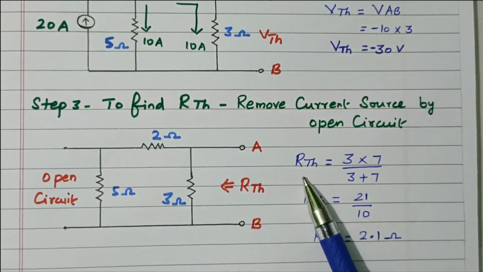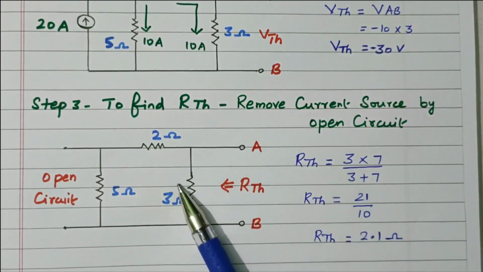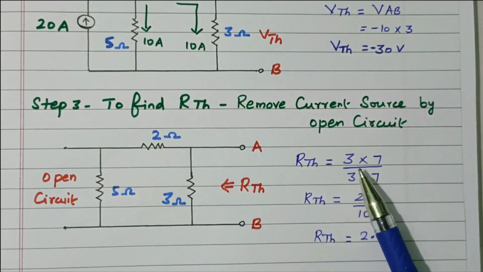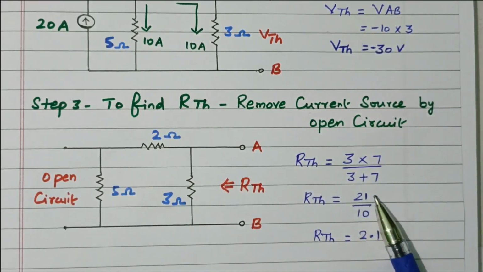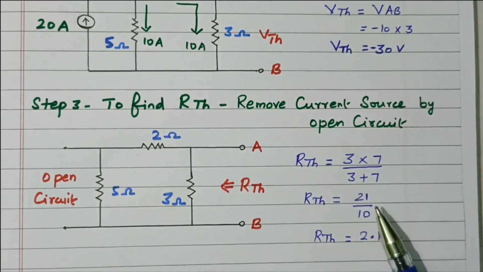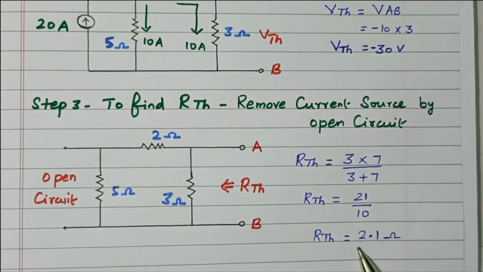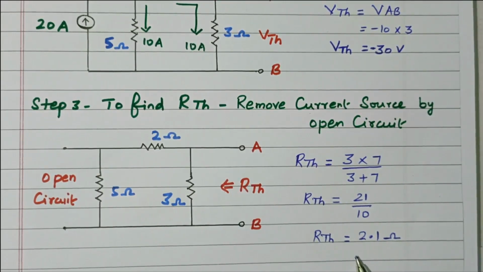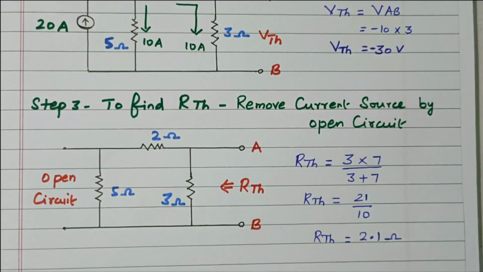So the R Thevenin equal to this parallel combination: R1 into R2 divided by R1 plus R2. So 3 into 7 divided by 3 plus 7, 21 divided by 10, that is 2.1 ohm. Right? So the Thevenin resistance is 2.1 ohm. This Thevenin resistance is nothing but the internal resistance of the circuit. Right. Now we'll go to the next one.